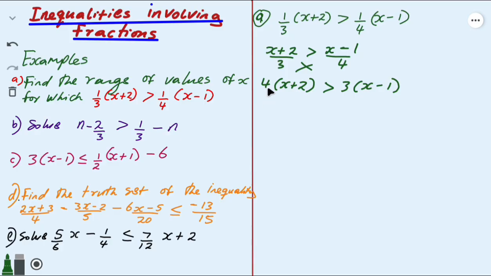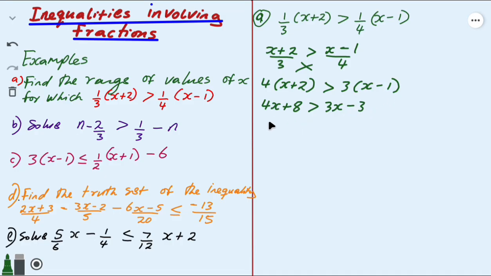Now we open the bracket using this denominator here, which is 4. So we have 4 times x is 4x plus 4 times 2 is 8 greater than. We open the bracket as well using 3. So 3 times x is 3x plus 3 times minus 1 will give me minus 3.